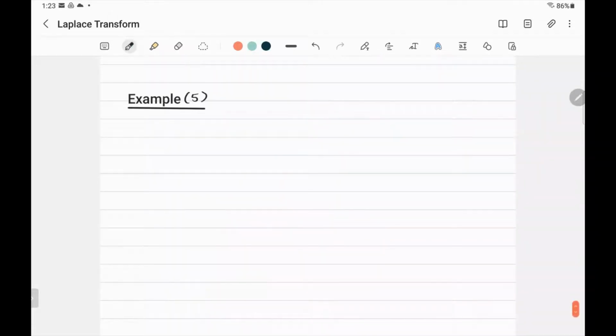Example 5: find the Laplace transform for cosine omega t u(t). Of course, if I had started this example with this one, you would not like it. Do you want to make this a quiz? Can you see the answer, or do you work together?